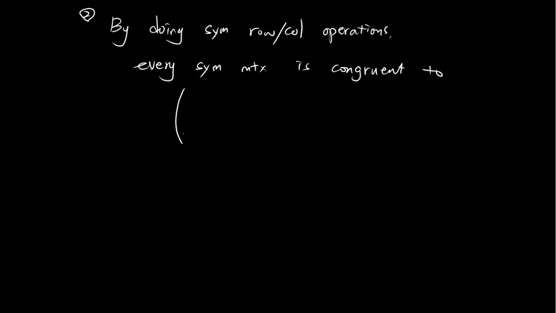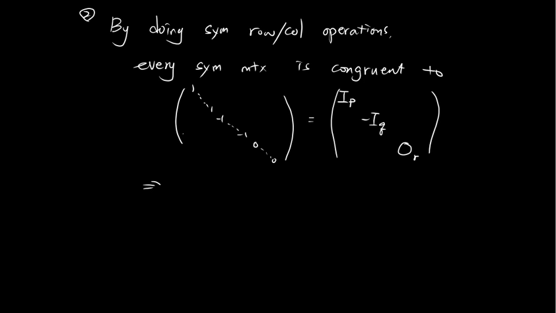You have lots of ones, lots of minus ones, and lots of zeros. Sometimes we write it as the identity of order p, minus the identity of order q, and the zero matrix of order r. In that case, the inertia is just equal to (p, q, r).